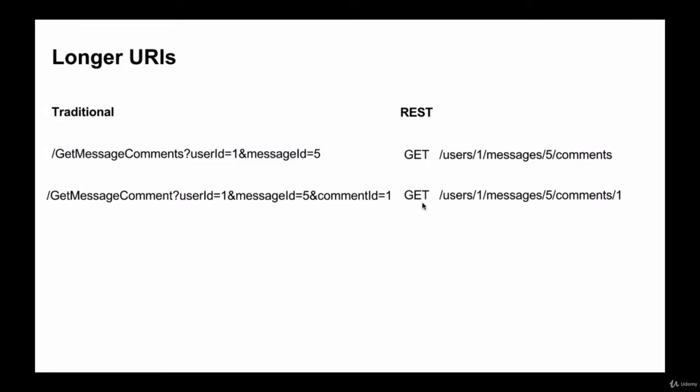And if we look at the two ways of accessing resources, we will see that the RESTful style is much simpler, is predictable, and is much more readable for users, and it's much easier to remember this way of accessing resources.